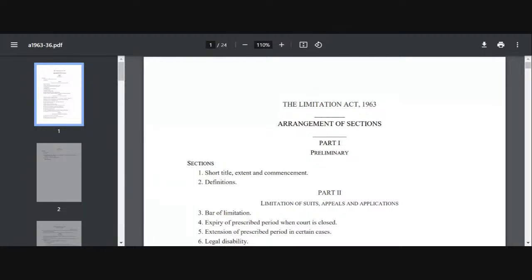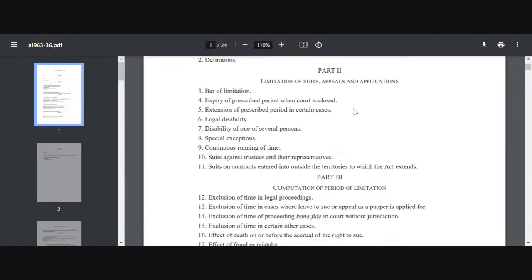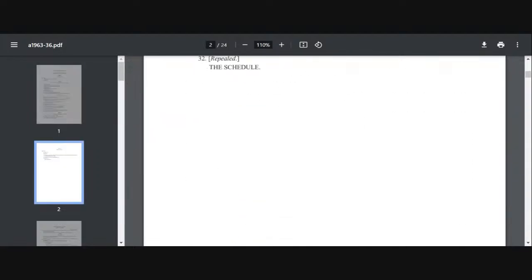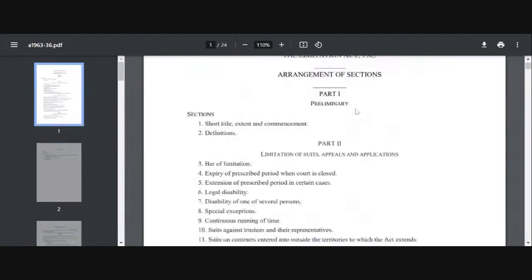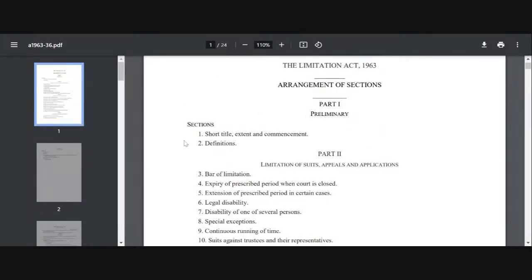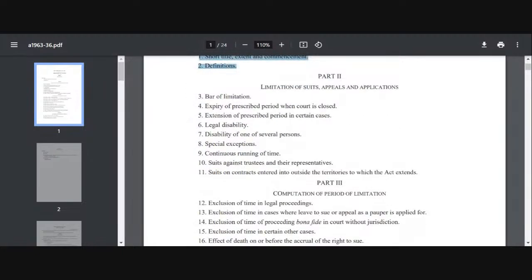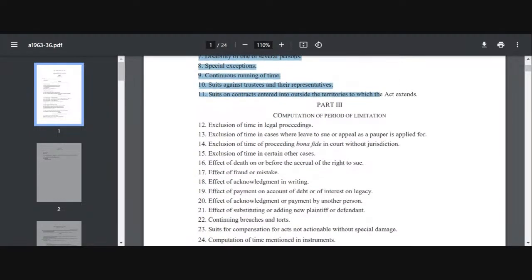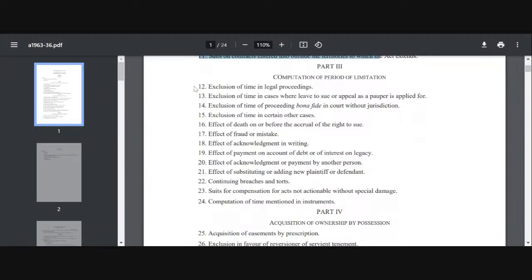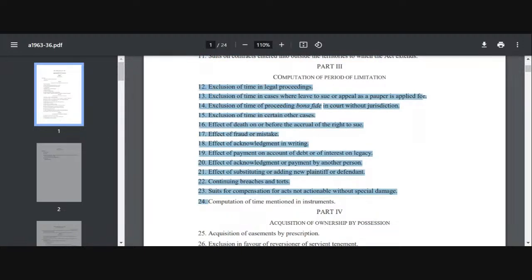Right? Now let me come to the parts. In preliminary, we have 2 sections, 1 and 2. In part 2, we have section 3 to section 11, right? This is part 2 of the Act. Part 3, if you see, is from section 12 to 24.